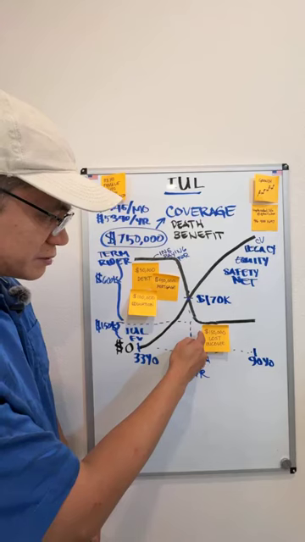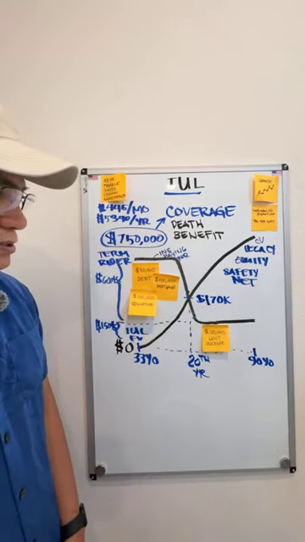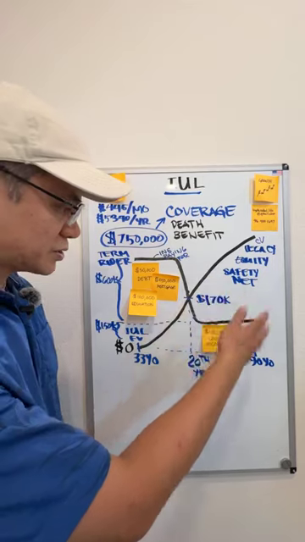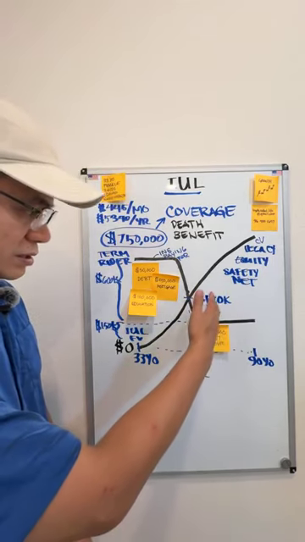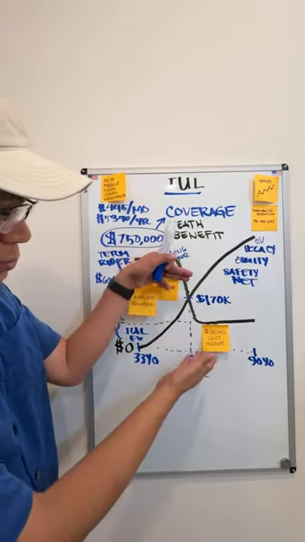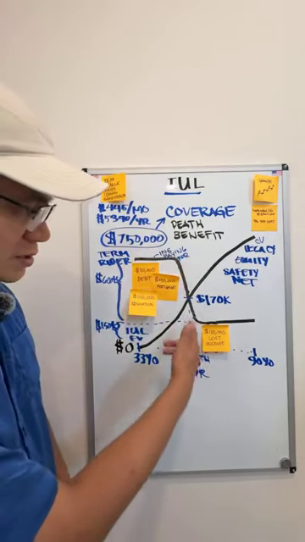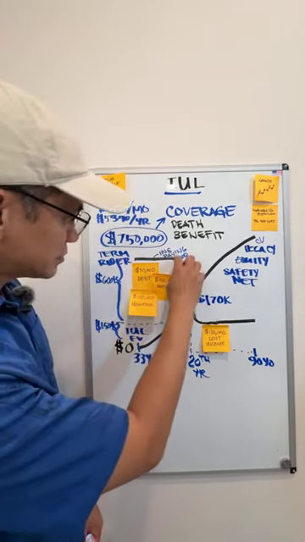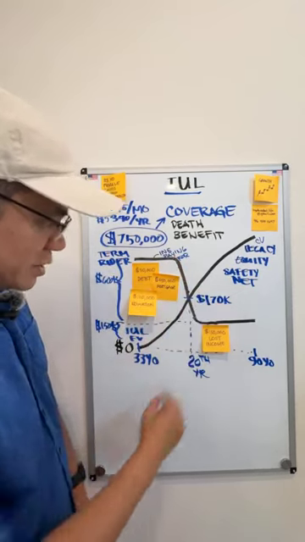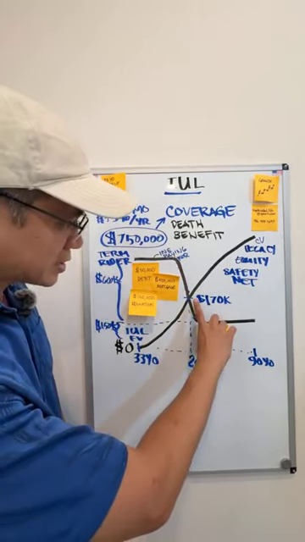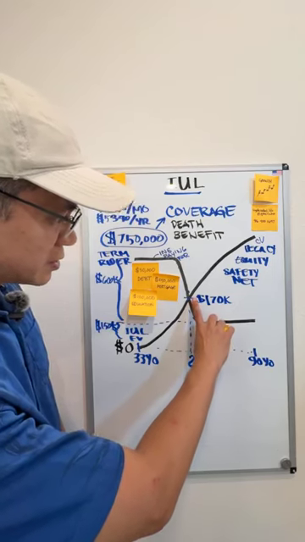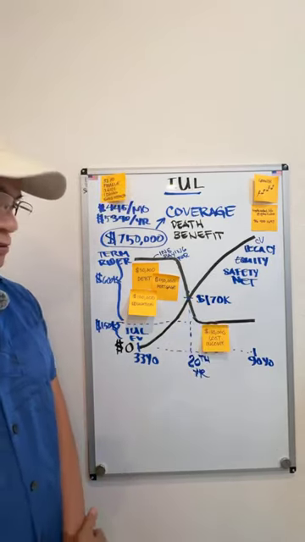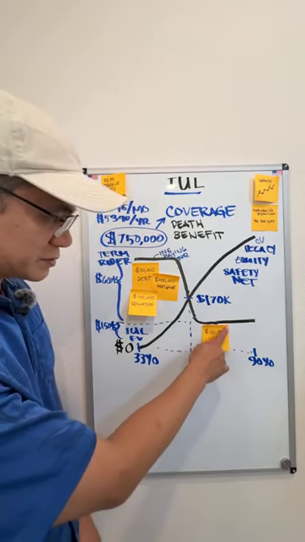So more or less $150,000 plus $170,000. She would have $320,000 or around that range of total death benefit existing in the 20th year. So even if she drops the term rider, she drops the $600,000 of coverage, she still has $320,000 of coverage left. It's not just $150,000 of coverage.